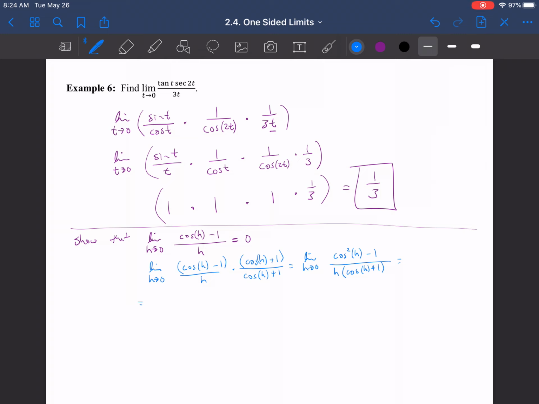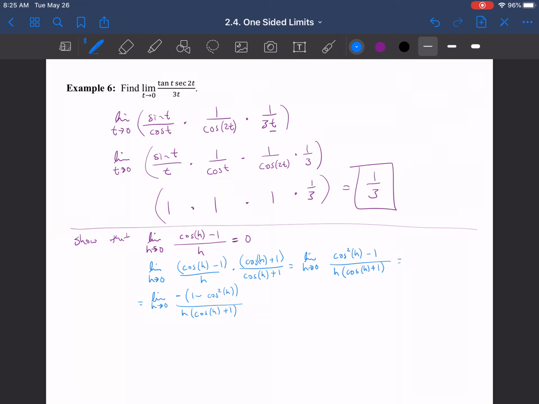Okay, and so then what I'm going to do is pull out a -1 in the numerator. So this will be the limit as h goes to 0. So I'm going to factor out a negative, and this will become 1 minus cosine squared h, like that, over h times cosine of h plus 1, just like that.